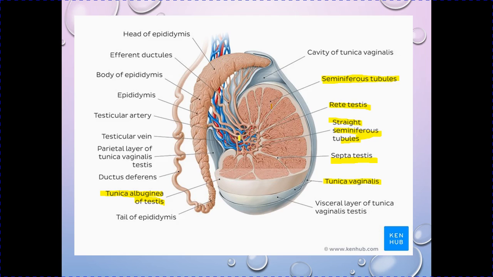From the rete testis, efferent ductules emerge and open into the head of epididymis. The epididymis has a head, a body, and a tail. This is the tail of the epididymis. The epididymis continues into the ductus deferens.